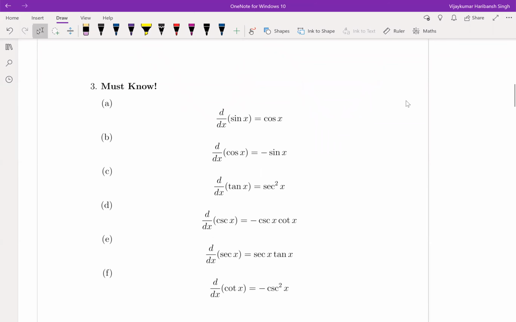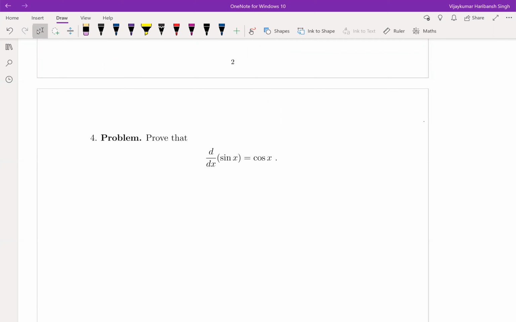So we'll start with the first proof, namely the derivative of sine x is equal to cos x. Let's embark on that. Again, this does not follow from the previous laws or formulas of derivatives we have derived, so we'll have to start from first principles, from the definition. f prime x is the limit as h goes to 0 of f of x plus h minus f of x over h.